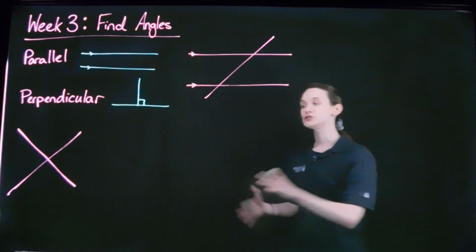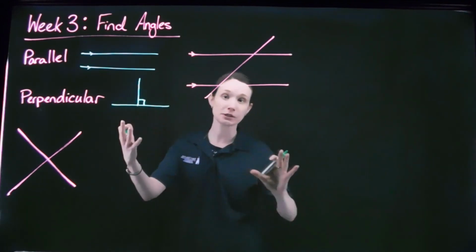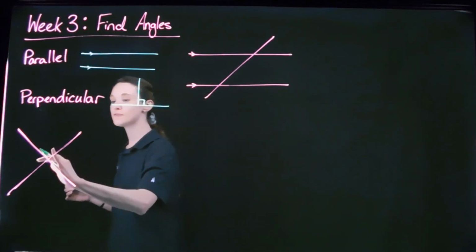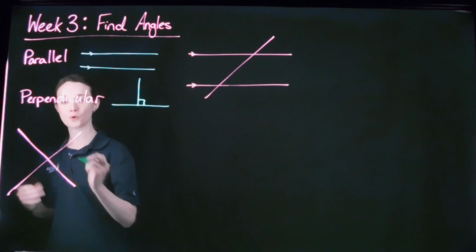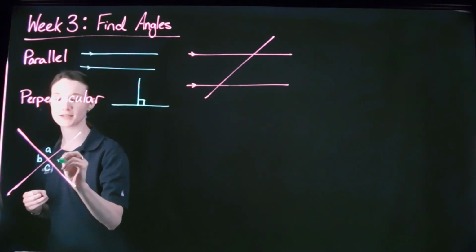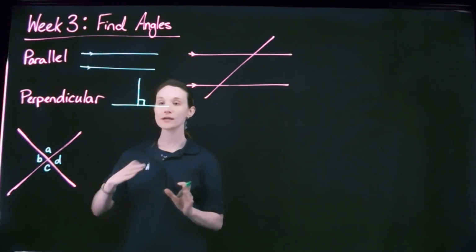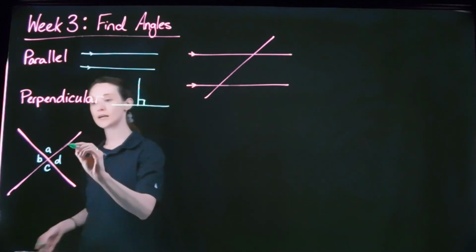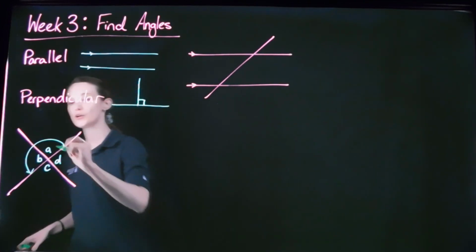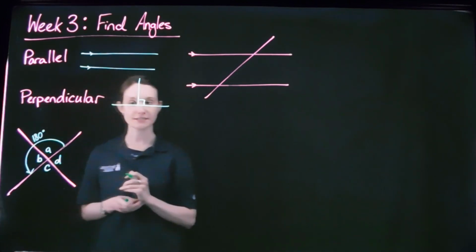Now, when I look at two intersecting lines that are not necessarily perpendicular, maybe they are, maybe they're not, who knows? I have four angles that are formed around this intersection. We'll call them A, B, C, and D. Now, going from one edge of a line to the other, like such, this ends up being 180 degrees.